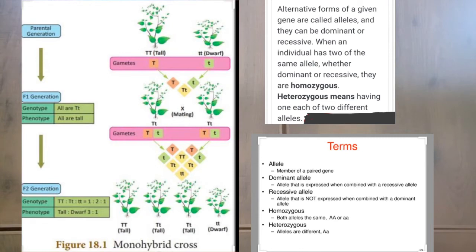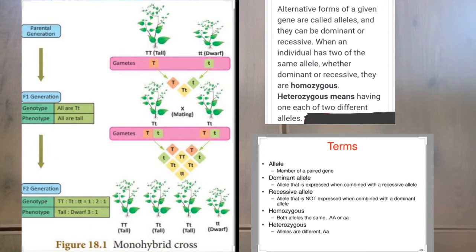The explanation for this is having 2 identical alleles of a particular gene. Therefore capital T capital T or small t small t is known as homozygous, while capital T small t is known as heterozygous. That means 2 different alleles of a particular gene.